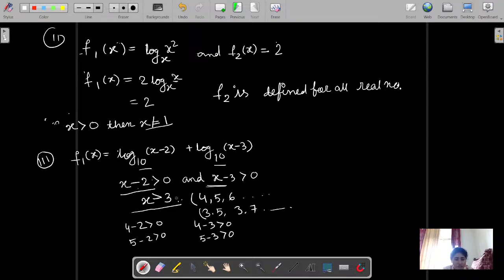If I choose x greater than 3, it is already greater than 2. So that's why we can write a single condition, that x is greater than 3.